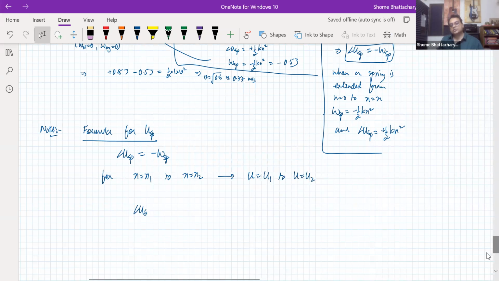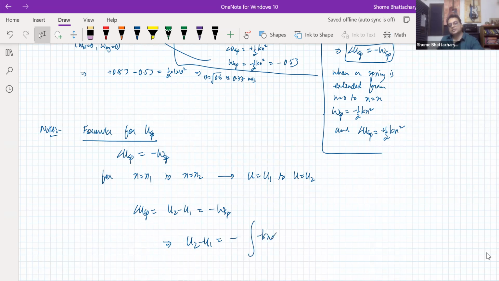So delta U will be final potential energy minus initial potential energy, which is minus the work done by the spring force. So u2 minus u1 will be negative of the integral of minus kx dx from x equal to x1 to x equal to x2.